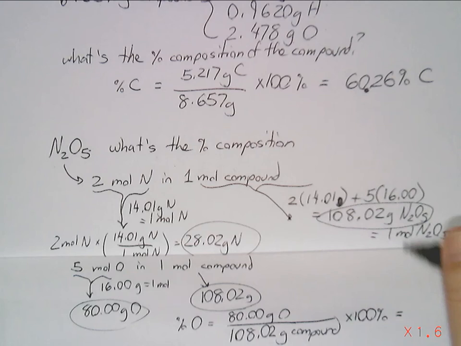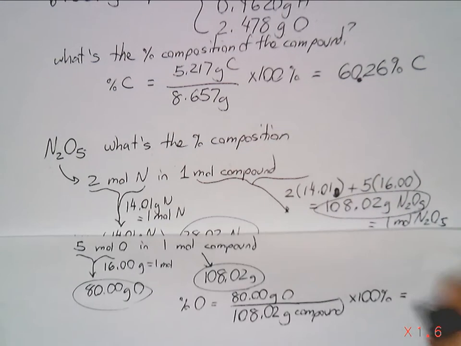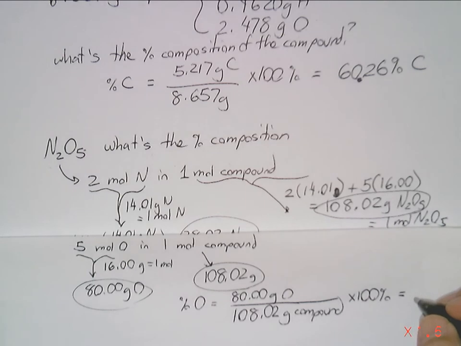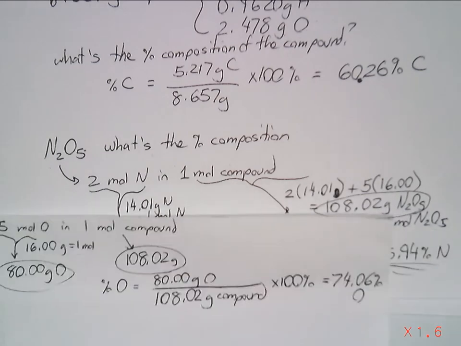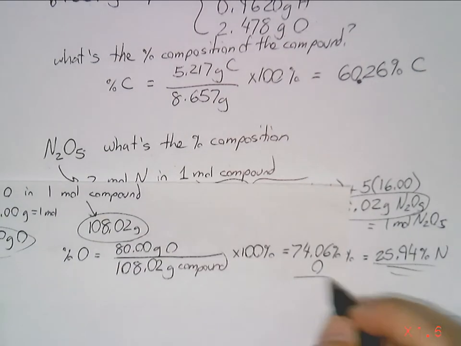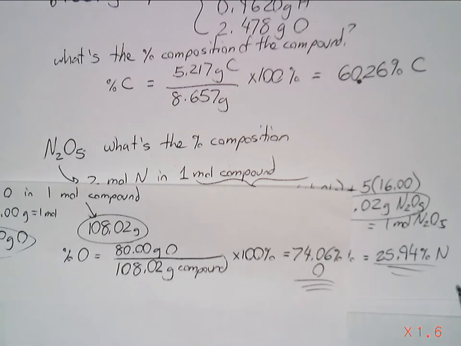Well, if this was like 25% up here, this will be like 75%. And I think if we do the math, it's going to be a little less than 75%. It'll be that. So these are the 2 percents that you get for the percentage composition: that percent oxygen and that percent nitrogen.